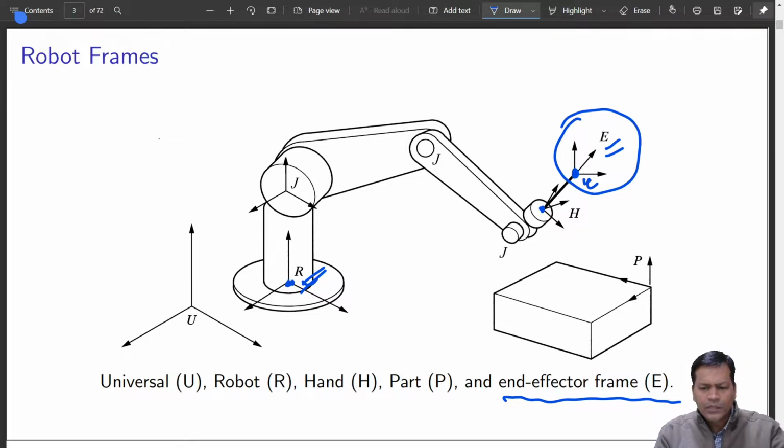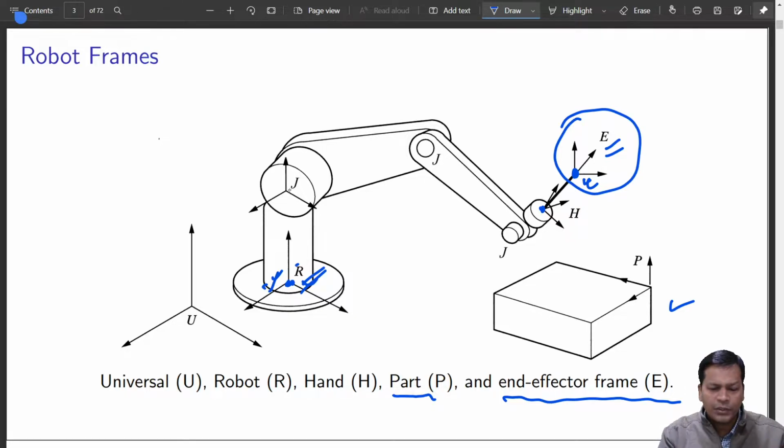There are many other frames which may be of importance, like a part frame. This is your part, this object which you will be handling. This part may be located at some position xyz with respect to the robot's ground frame, where the robot is attached to the ground. So that is the robot frame.